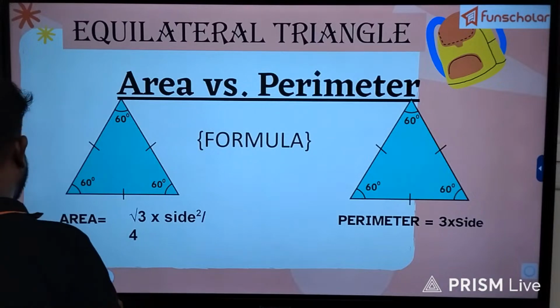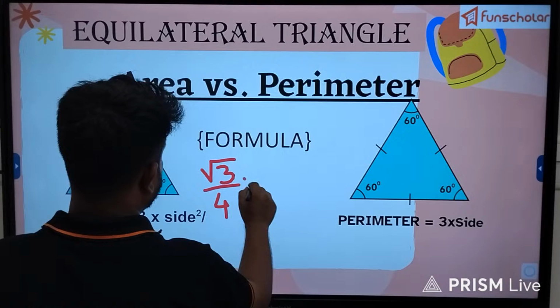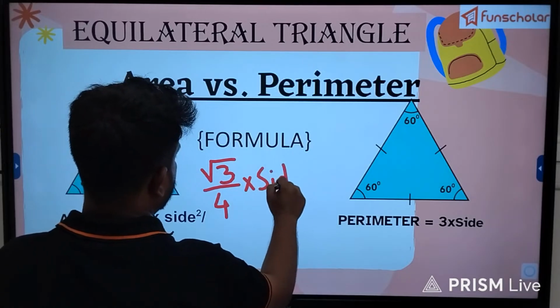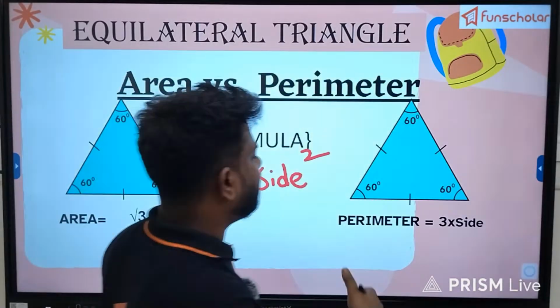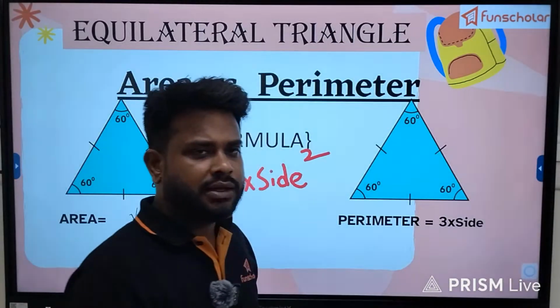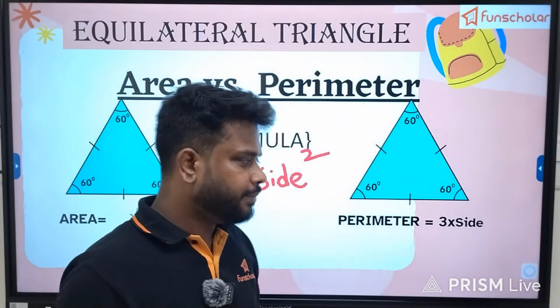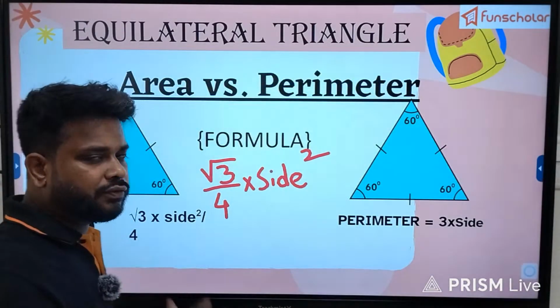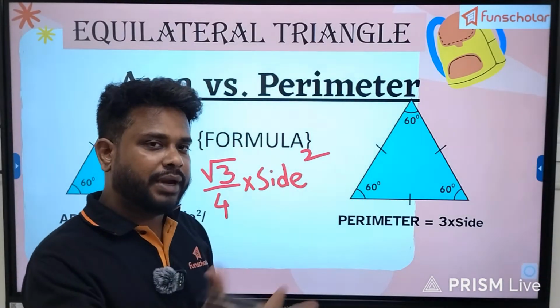The area will be root 3 by 4 into side square, and the perimeter will be 3 sides, side plus side plus side, or in short 3 into side. Okay, so these are the formulas of equilateral triangles, area and perimeter.